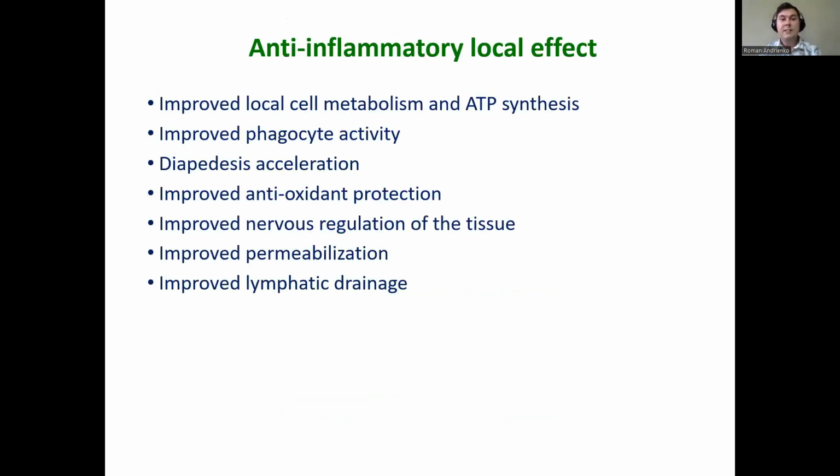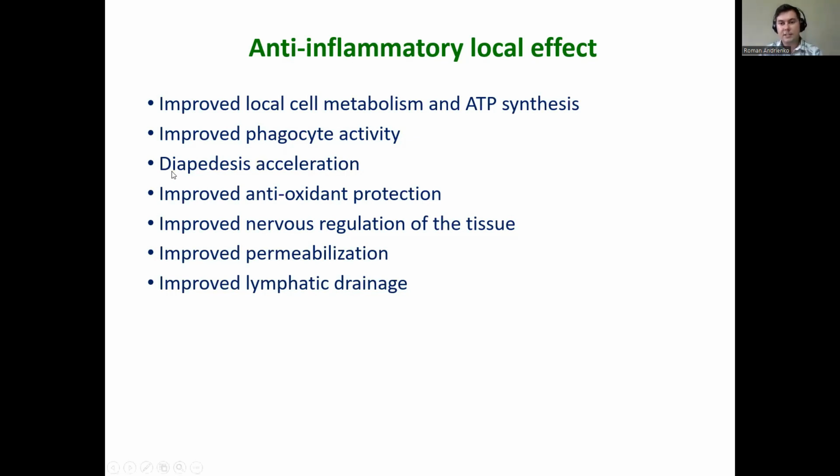Also, we have the anti-inflammatory local effect. Well, this is kind of explanatory, but again, what are the steps? What are the blocks inside this huge effect? Scenar provides for improved local cell metabolism and synthesis of the ATP. It improves the phagocyte activity. Phagocyte is a blood cell that is responsible for killing our enemies or killing intruders.